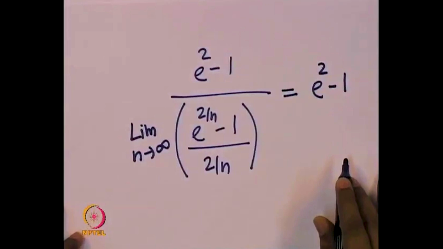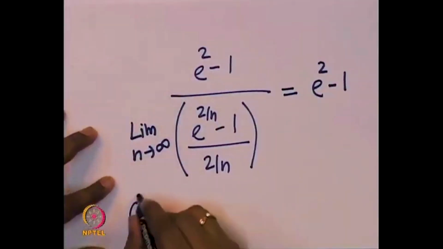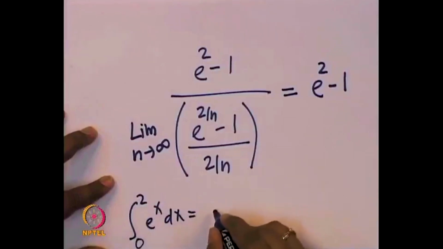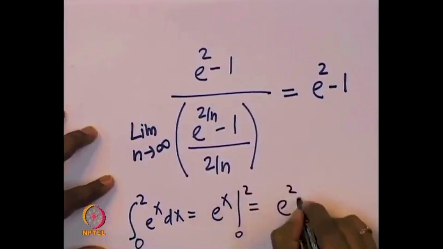We saw previously that the integral from 0 to 2 of e power x dx is nothing but e power x from 0 to 2, which is e square minus 1.